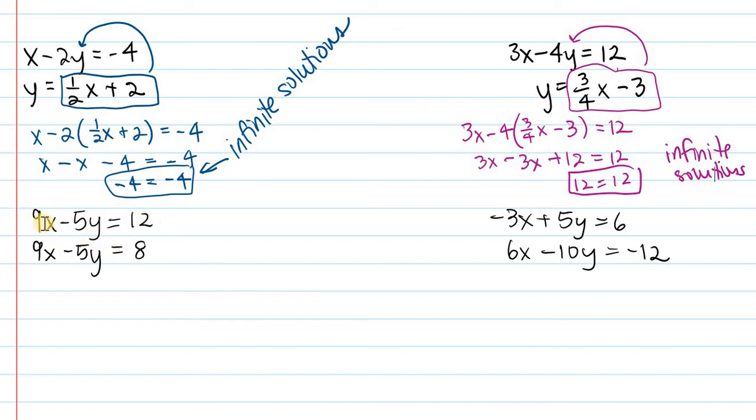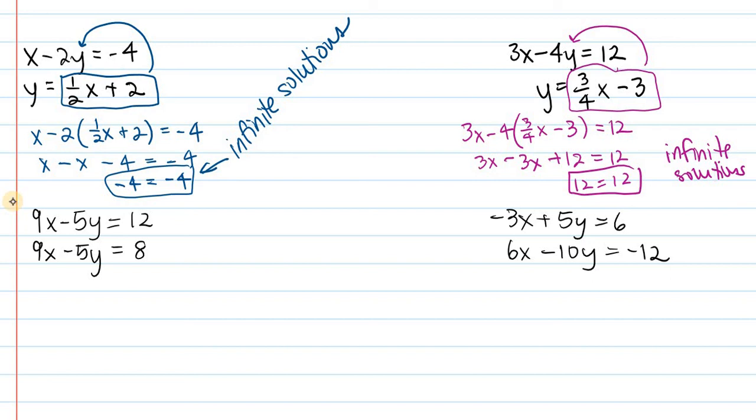So in this example, we have 9x minus 5y equals 12, and 9x minus 5y equals 8. If you use a little bit of common sense, you should be able to figure out that this is going to be no solution, because how do two identical things, 9x minus 5y and 9x minus 5y, how do those equal two different values? But in case you don't notice that, we can use elimination, because it's already set up for that.